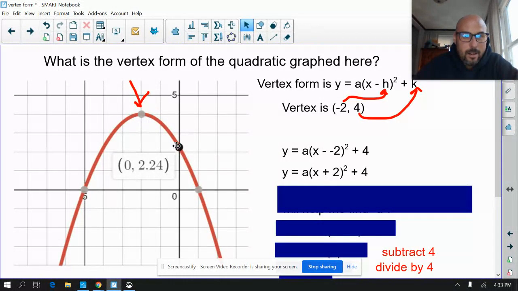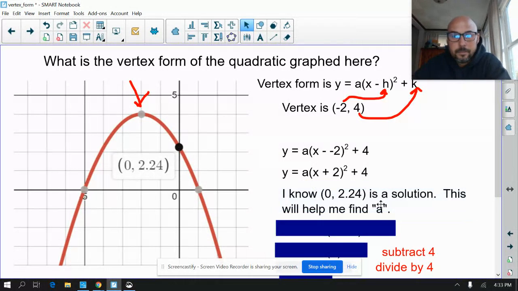I don't want to do that again. I need to pick any other ordered pair. And I'm given the y-intercept. When x is 0, the y is 2.24. So that's what I'm going to use. I'm going to take what I've gotten here, plug in 0 for x and 2.24 for y, and I will discover what a is.